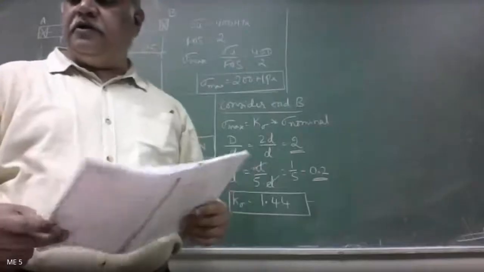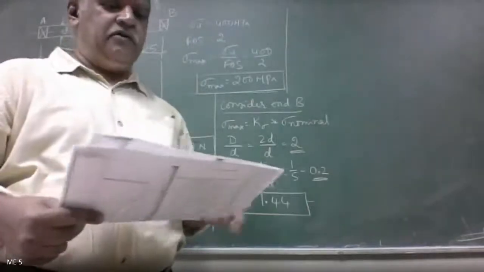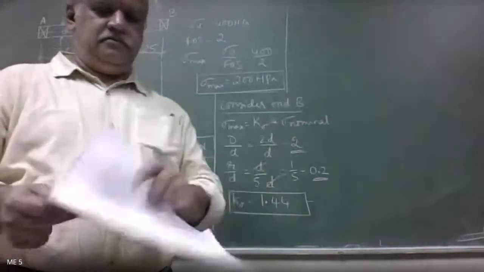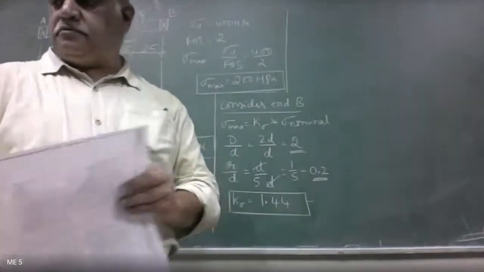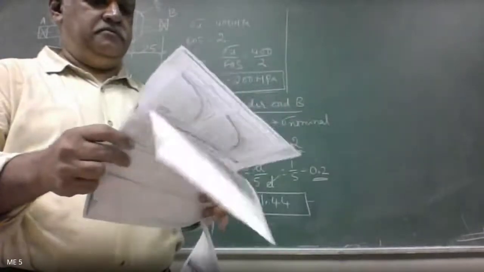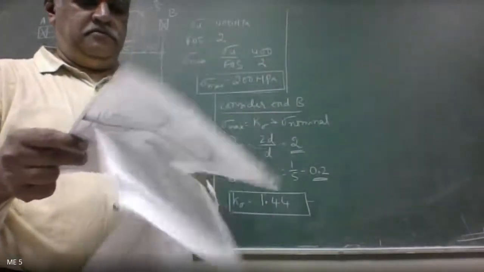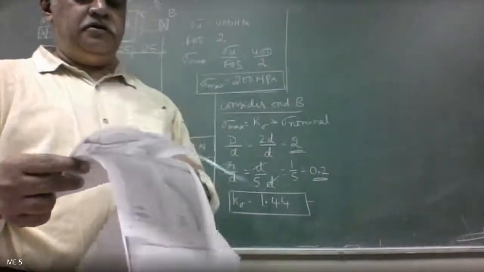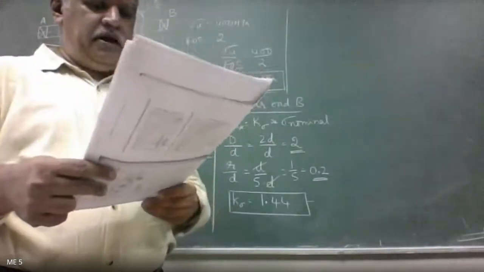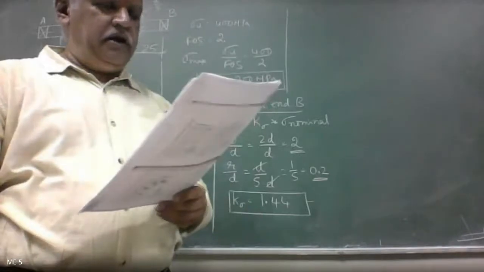Now give me the figure number. 1.44 is correct. What is the figure number for a stepped shaft under bending? It is 2.25, correct? Look for r by d of 0.2 and D by d of 2.